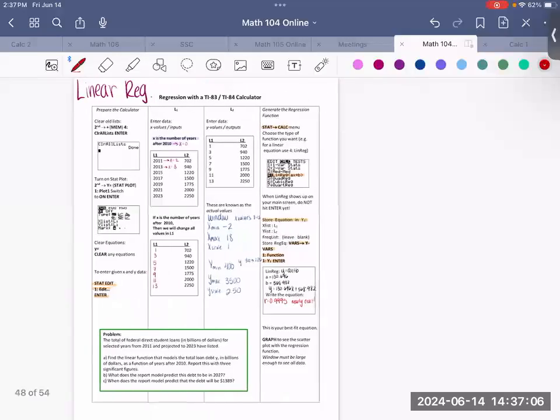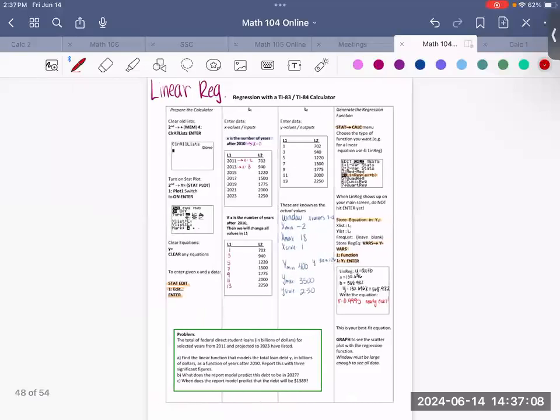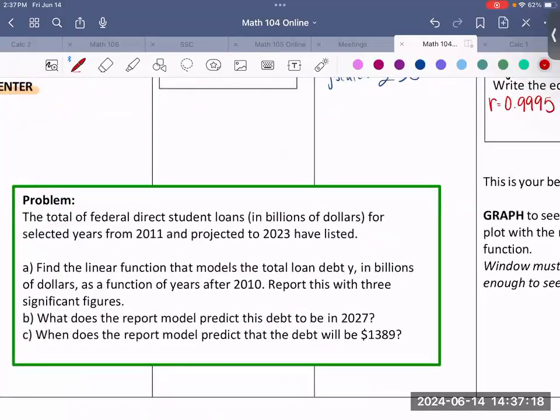Okay. So we said we found a function. Now that we've determined this is a really good model, we can predict from it. So B says, what does a report model predict this debt to be in 2027? Well, we said your X values start in 2010, right?